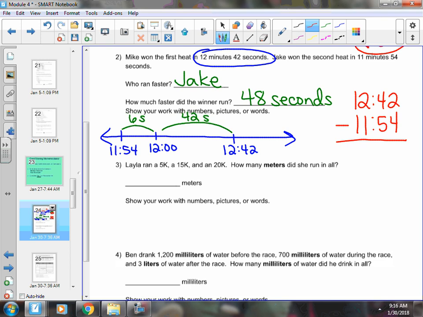I cannot do 42 minus 54, so I need to take one of these minutes, and that minute is 60 seconds. This one gets a little funky. If I add 60 seconds to 42 seconds, that's 102 seconds. Now I can do 102 minus 54.